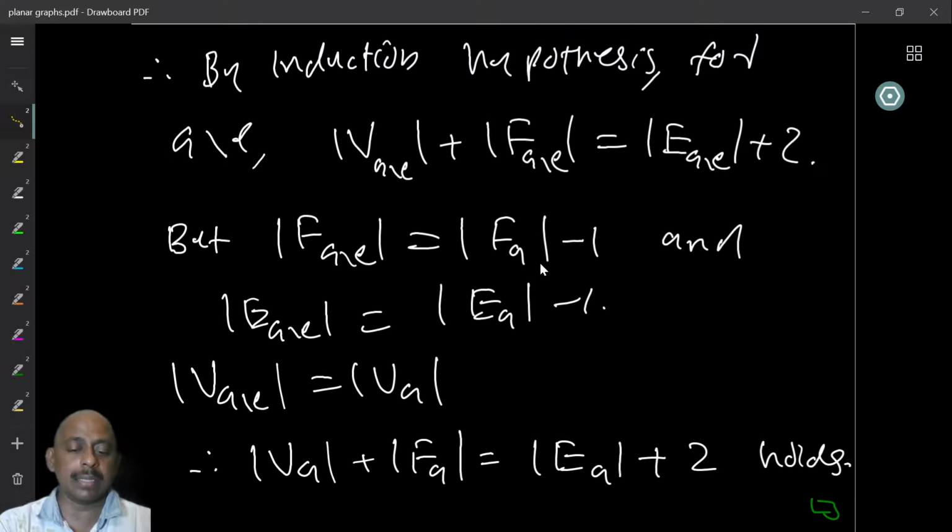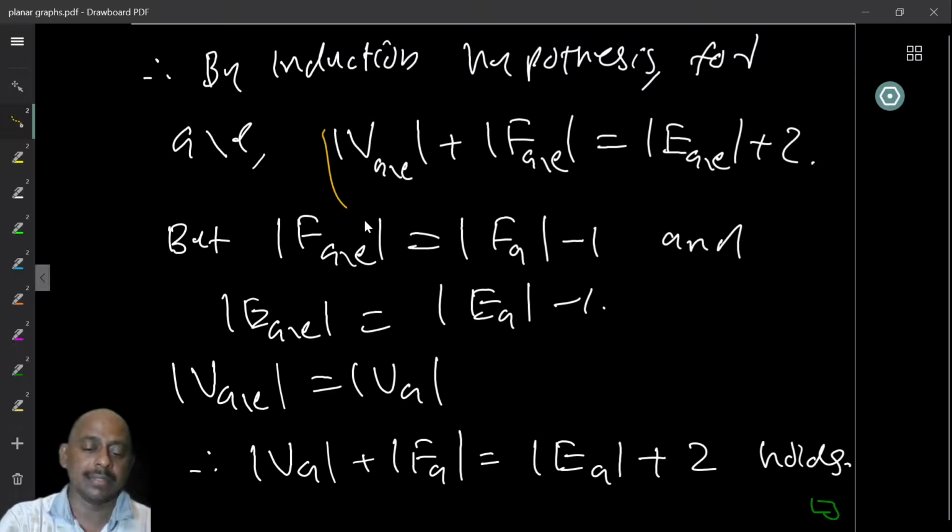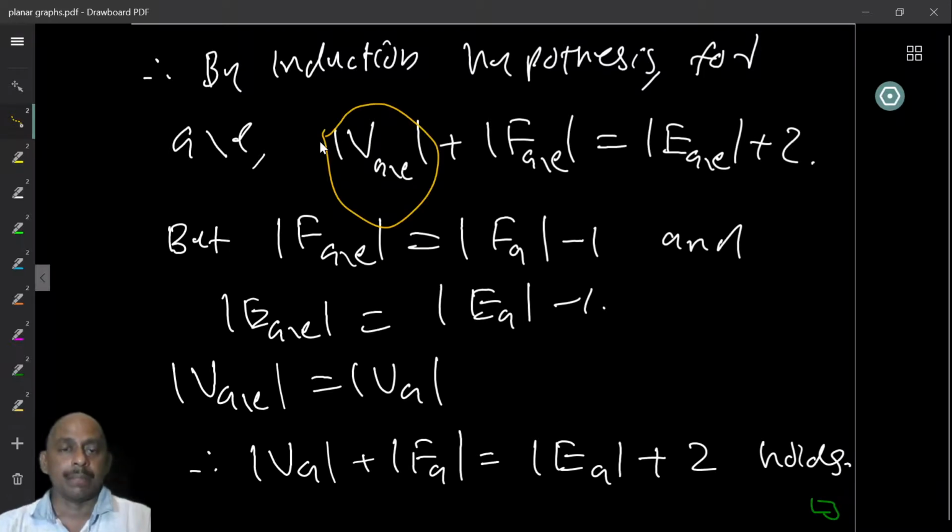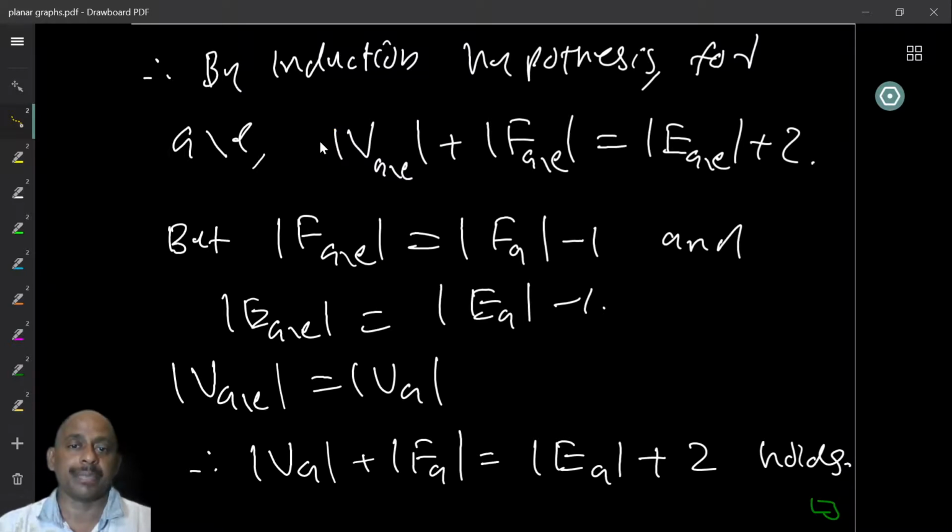Now, if you look at the earlier identity, the number of vertices in G minus E is equal to the number of vertices in G. On the other hand, I subtracted exactly 1 from one term on the left side and exactly 1 from one term on the right hand side. So the identity remains the same.